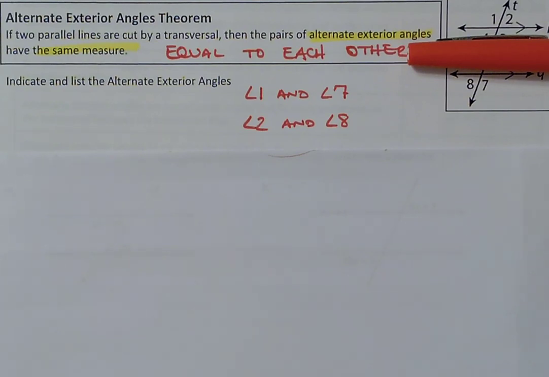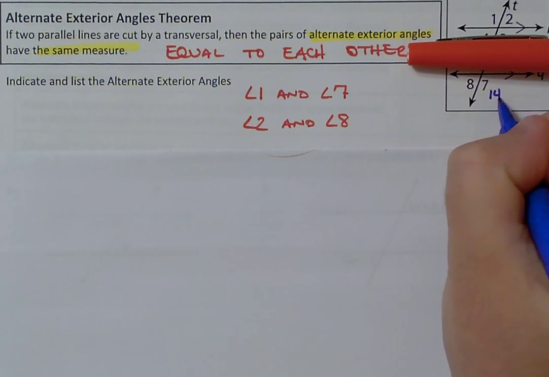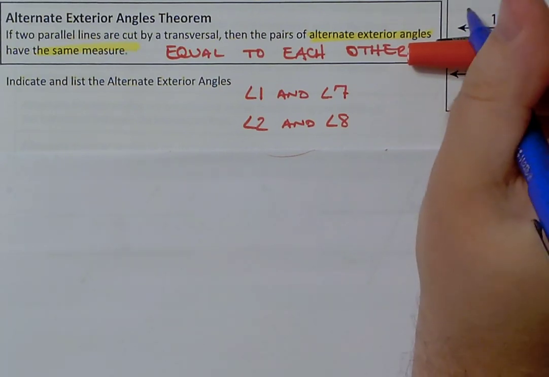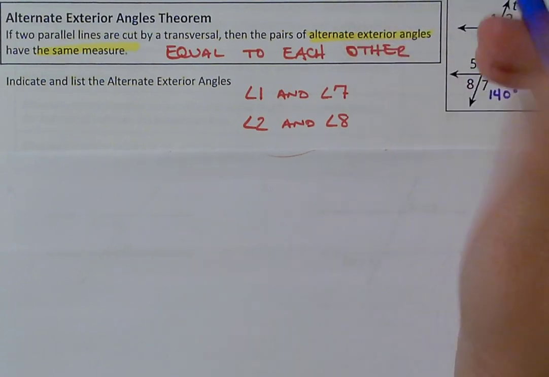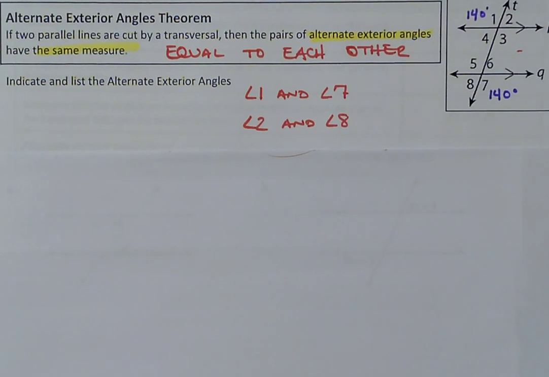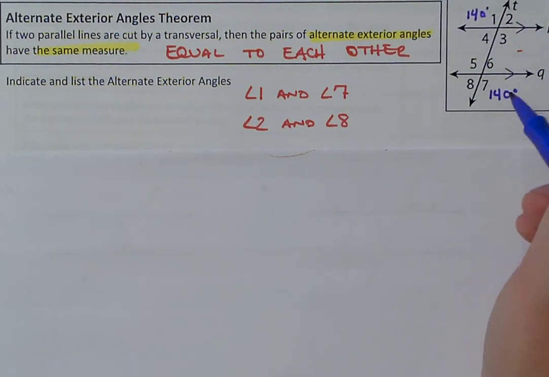What this means is, let's say I know that angle 7 is 140 degrees. That means I know that angle 1 is also 140 degrees. Alternate exterior angles have the same measure.